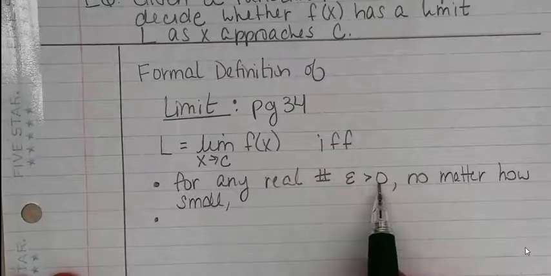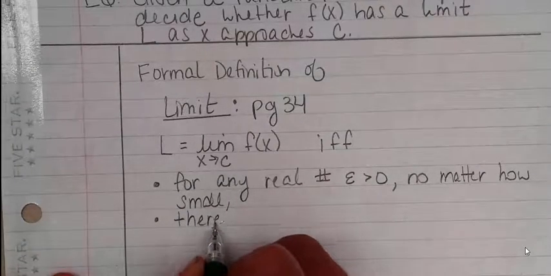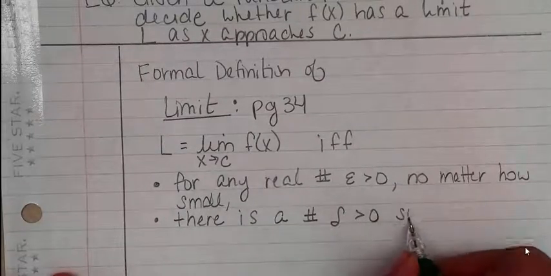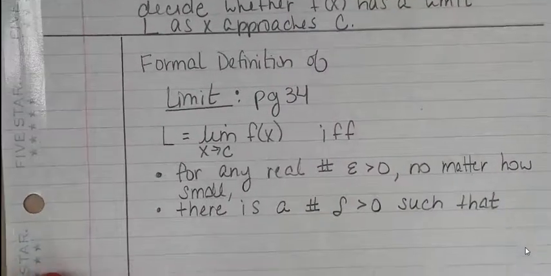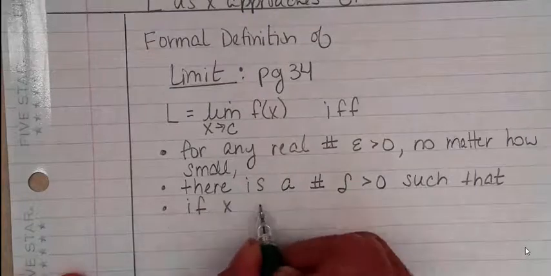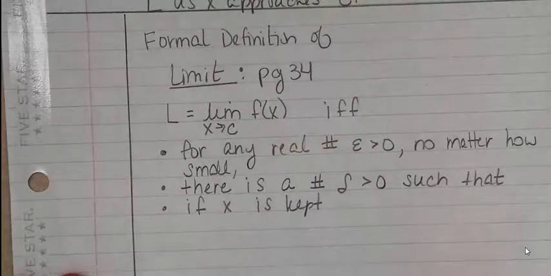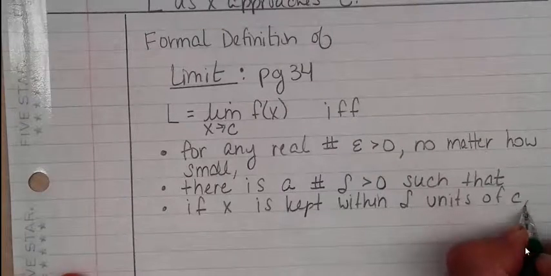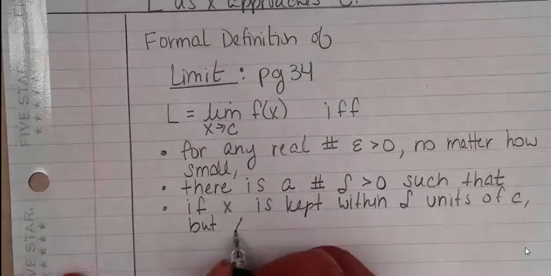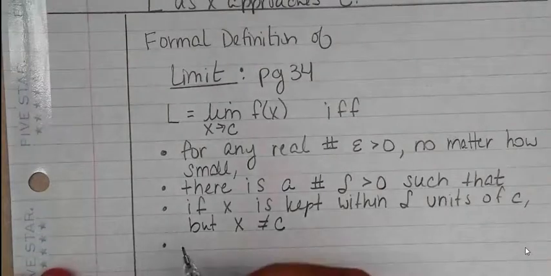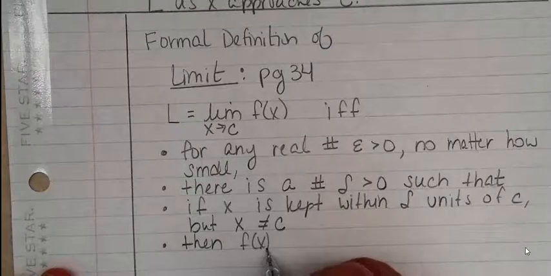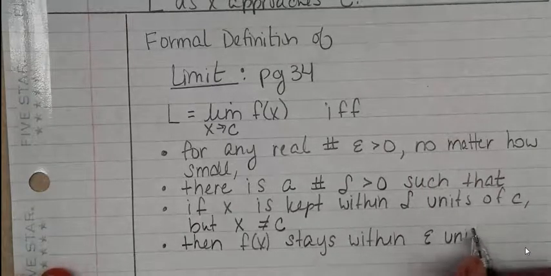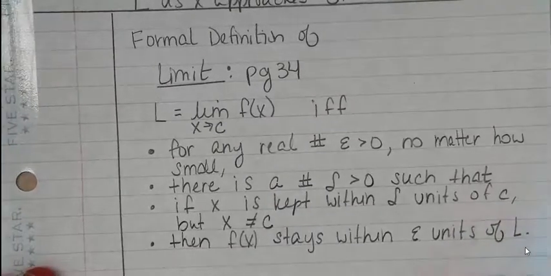For any real number epsilon greater than 0, no matter how small, there is a number delta also greater than 0 such that if x is kept within delta units of C, but not equal to C, so x does not equal C, then f of x stays within epsilon units of L. That's your formal definition of a limit.